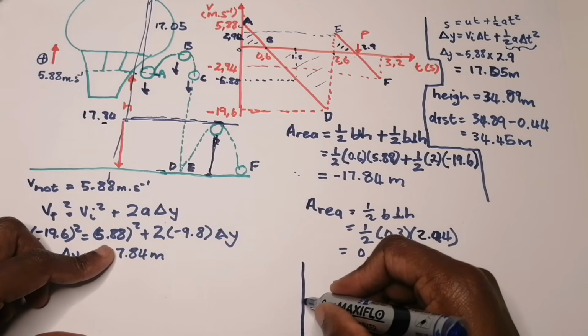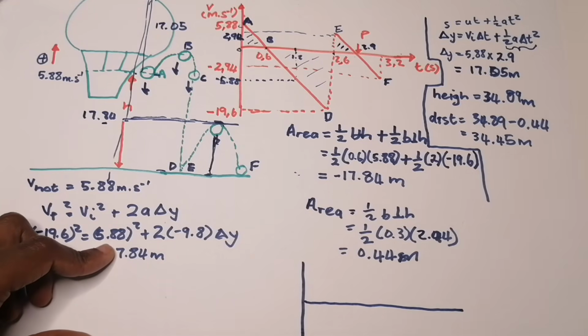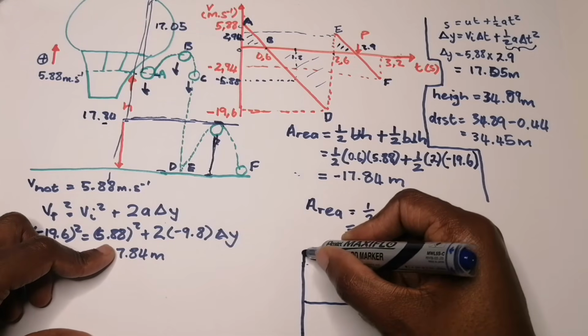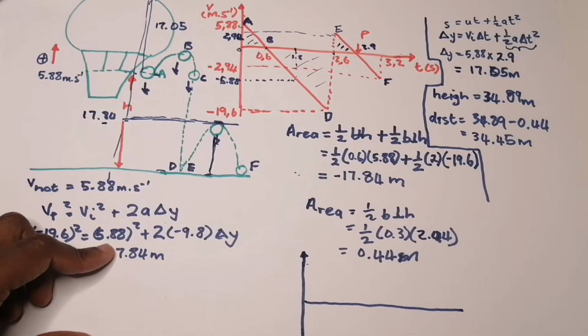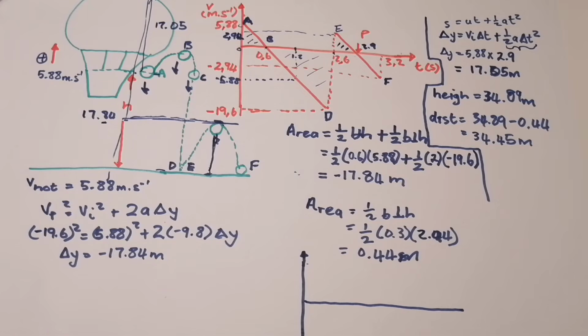Suppose you were asked to draw a position versus time graph for the motion of this ball, from the time it was released up until it reaches the ground for the second time.